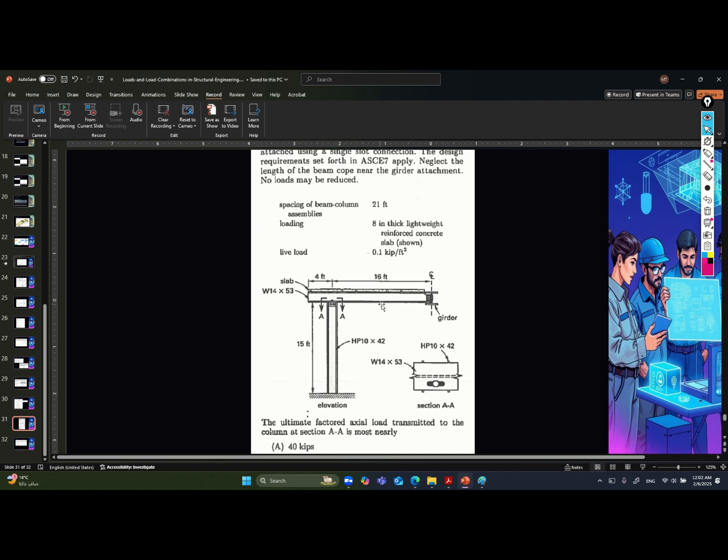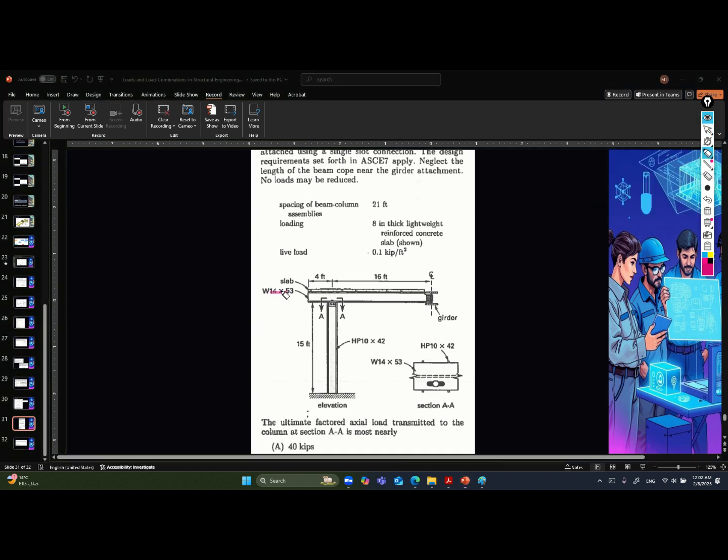Don't forget, that is the main idea. Don't forget about the own weight. This thing is the most important. The own weight of the beam, you might forget about it. You will consider the slab, you will consider the live load, and so on, but you will forget about the beam's own weight. It is very important to consider it.